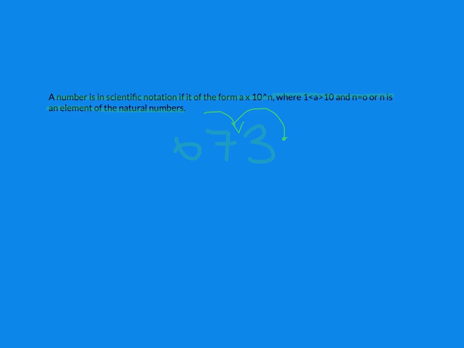Let's move it once more, and now I'm at 6. And we know 6 is under 10. So my answer is now going to read 6.73. Now, I have to take into account that I've moved my decimal point, and that's where the by 10 comes in. So we write down by 10, and how many times do we move the decimal point? Once, twice, so my 10 becomes to the power of 2.